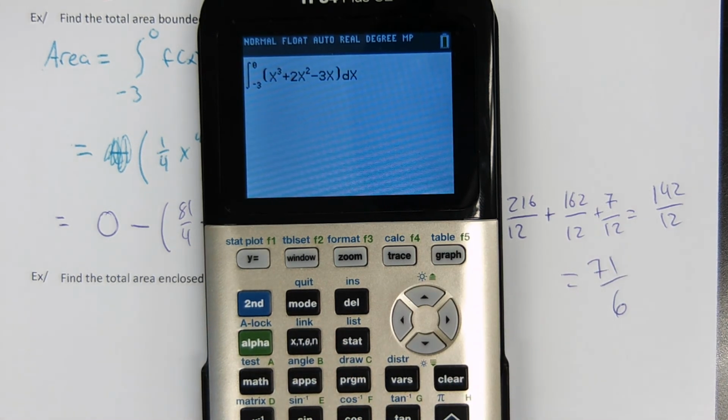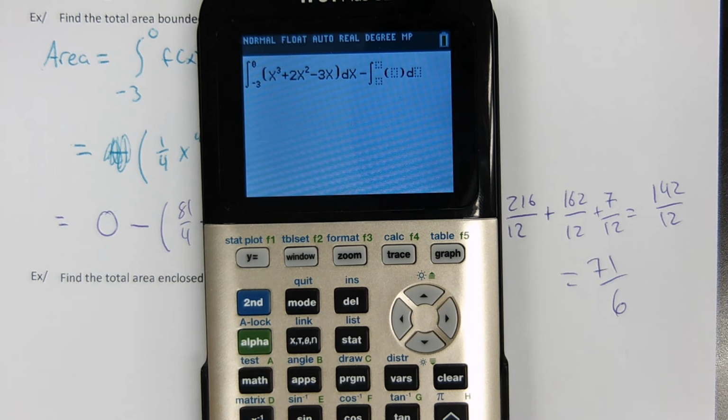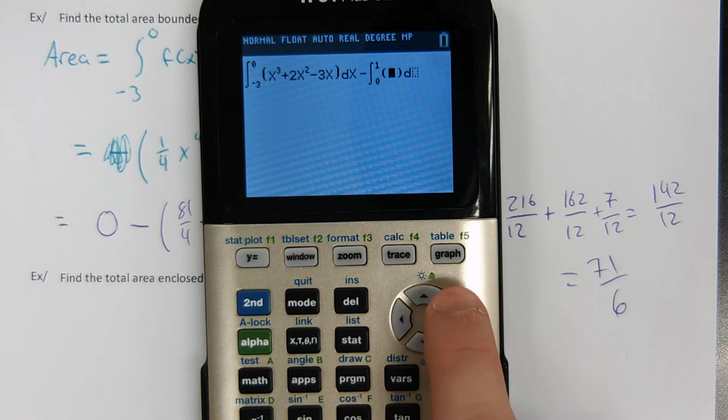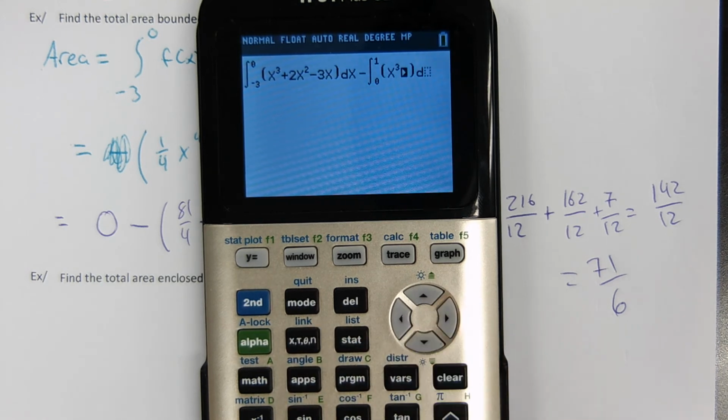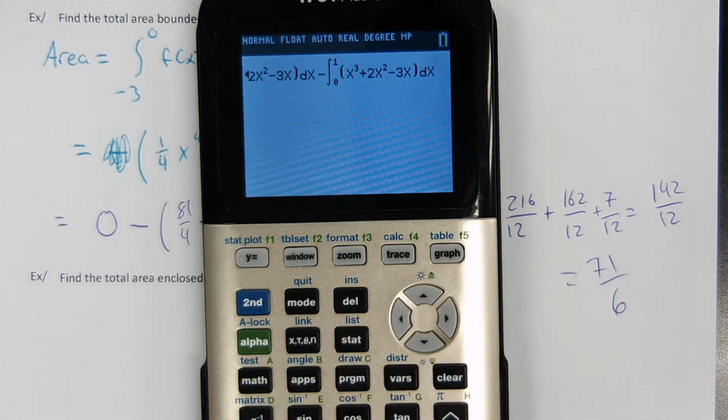And now you do minus math 9 and you just retype the stuff, from 0 to 1 of the exact same function. And when we hit enter, I'm hopefully going to get a number that's a little bit bigger than 11, close to 12. Yay! Close to 12. That is 71 divided by 6.